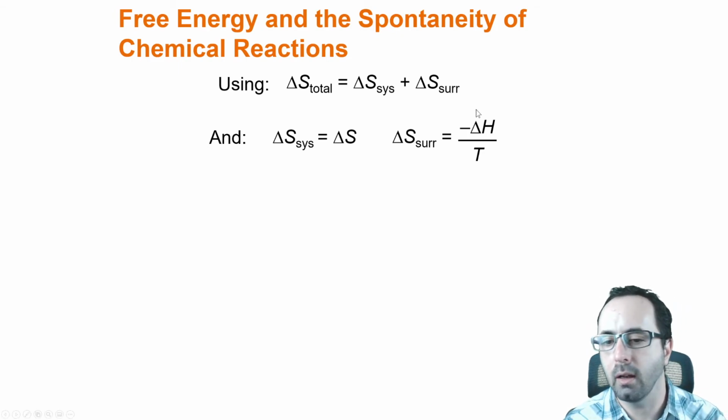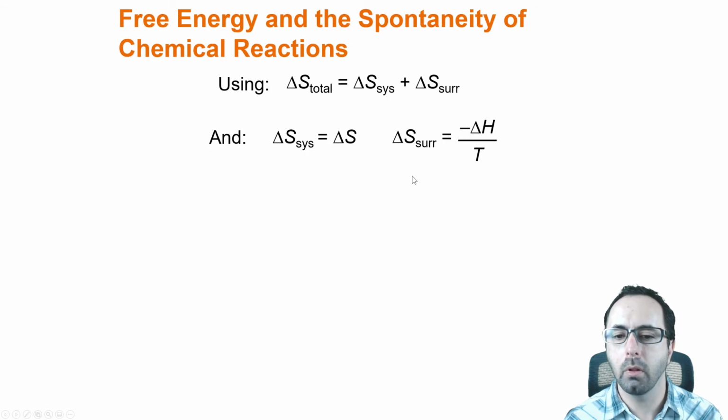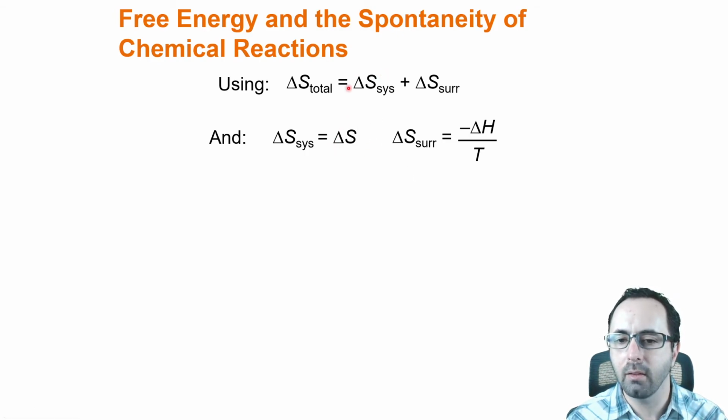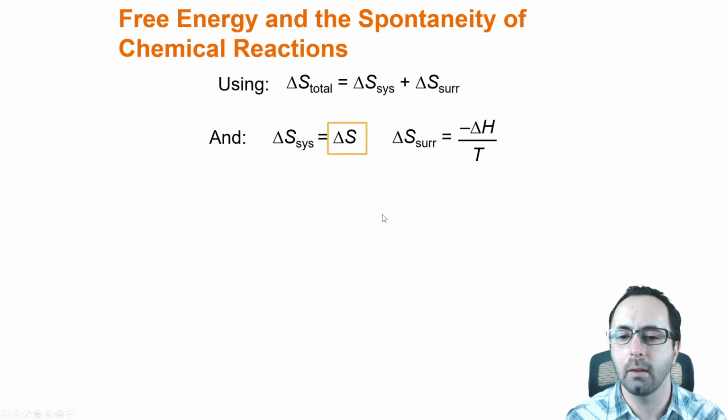Whereas if you're already at a higher temperature, there's a lesser impact on the entropy. And so now we're going to plug each of these into the equation. So we're going to call delta S of the system just delta S, and that's going to go right here. Then delta S of the surroundings, we're going to call that negative delta H of the system over T.